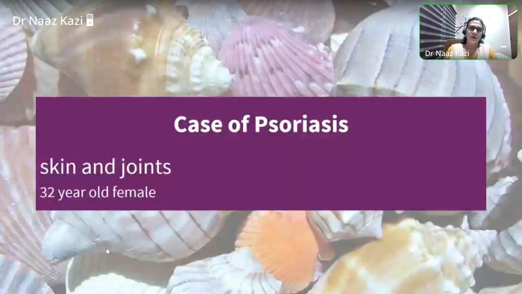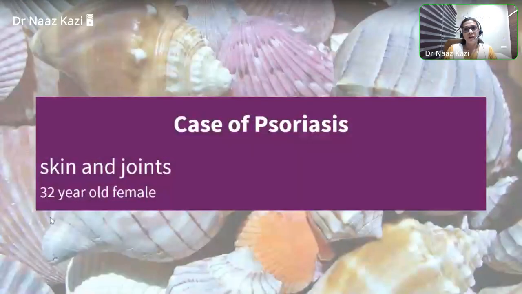The skin was very bad, and the joint, especially the sacroiliac joint. She could not stand because of that, and she had a job where she had to stand most of the time. She had to leave the job just for this disease, and she was put on methotrexate. She was on heavy painkillers when she came to me.